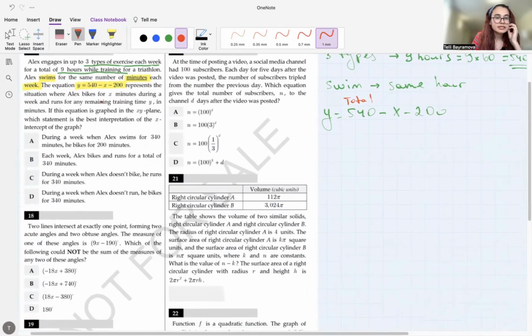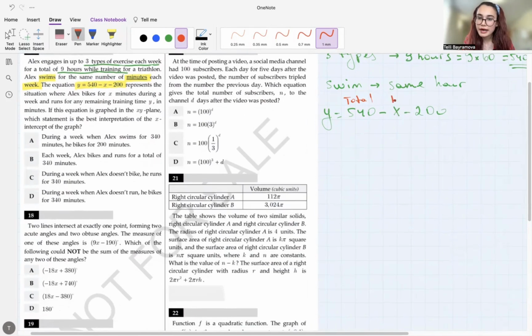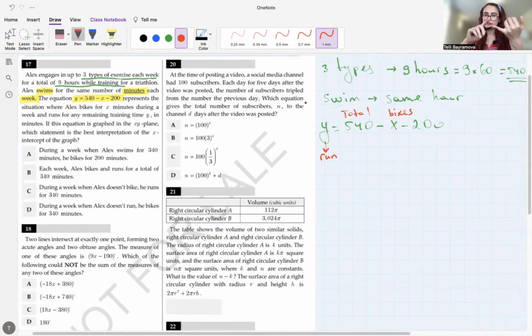Then Alex bikes x minutes, so x is bike. Alex bikes for x minutes during a week and runs for any remaining training time y, so y is run. Then what is swim? It was 3 types, right? Bike, run, then swim will be 200. So x is bike, 540 is total, so run will be the rest.